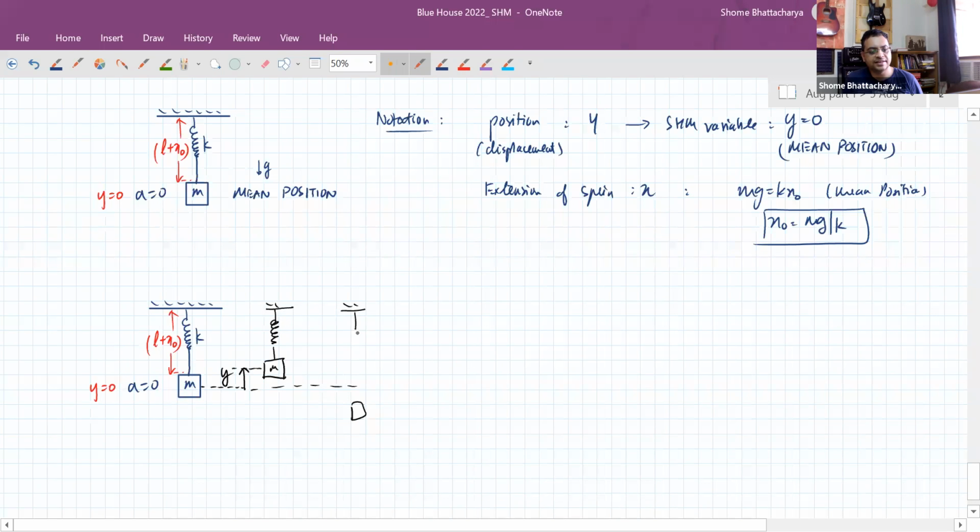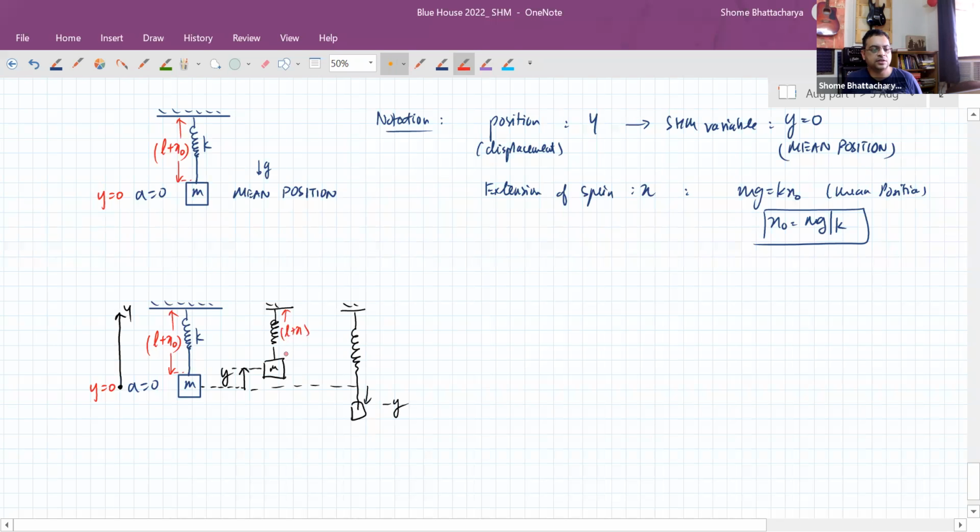So it has been given some negative y, because we are taking this as our y-axis, this point as y equal to 0. Given some negative y.